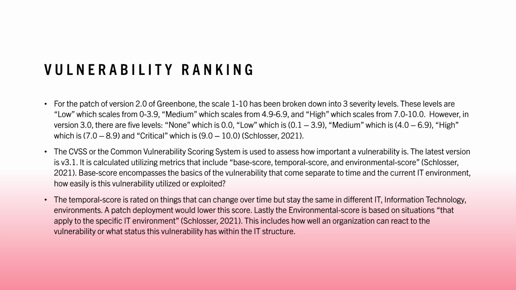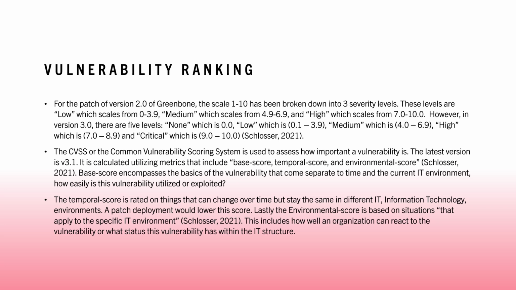The CVSS, or the Common Vulnerability Scoring System, is used to assess how important a vulnerability is. The latest version is version 3.1. It is calculated using metrics that include base score, temporal score, and environmental score. Base score encompasses the basics of the vulnerability that come separate to time in the current IT environment. How easily is this vulnerability utilized or exploited?